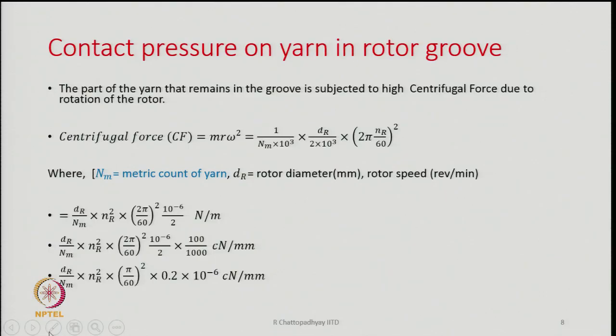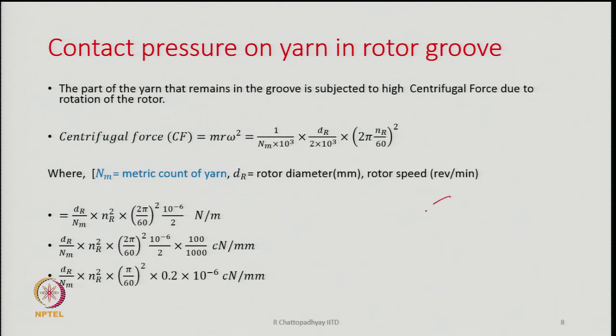The other thing we may sometimes need to know is the contact pressure on yarn in the rotor groove. Within the rotor you have a band of fibers which are continuously getting deposited, and part of the band of fibers is also twisted, not the entire band.